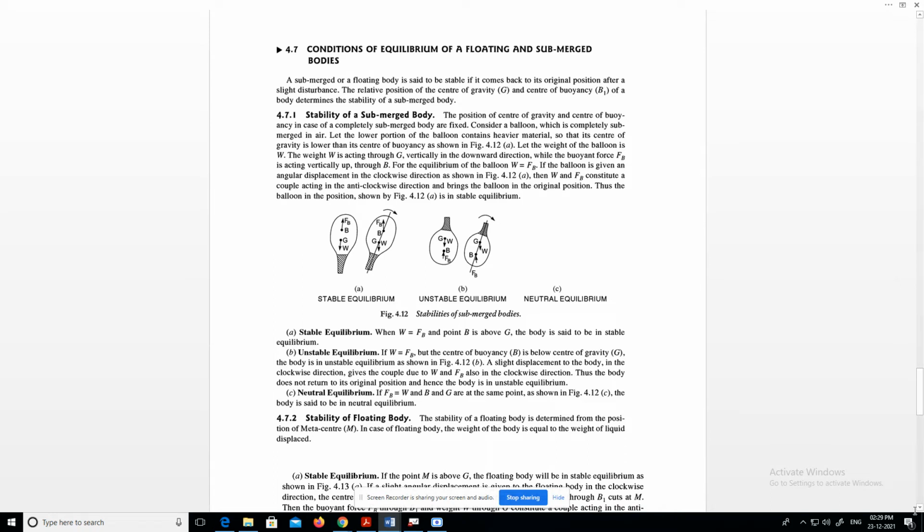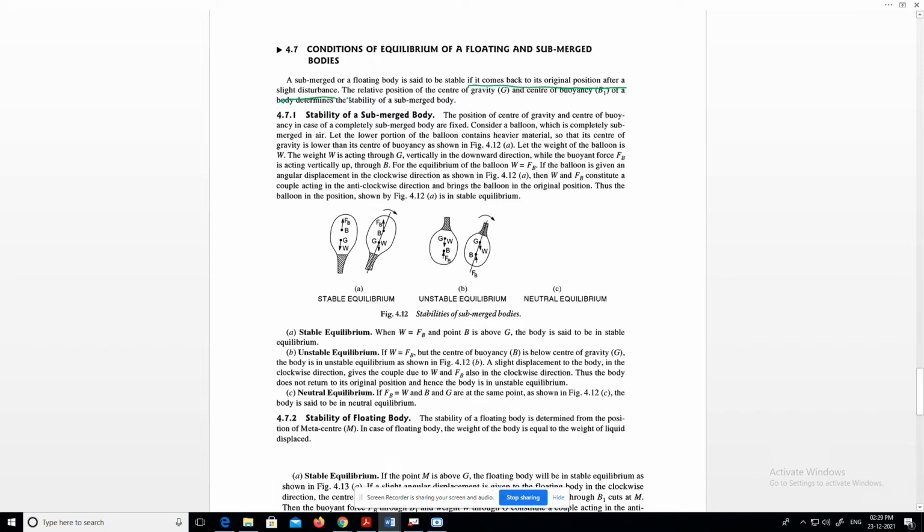Conditions of equilibrium of floating and submerged bodies. A submerged or floating body is said to be stable if it comes back to its original position after a slight disturbance. Right.